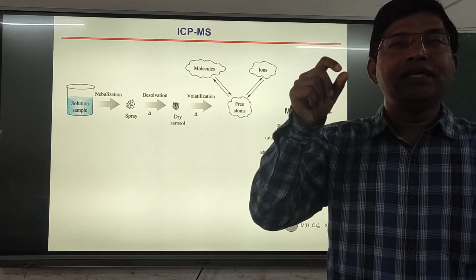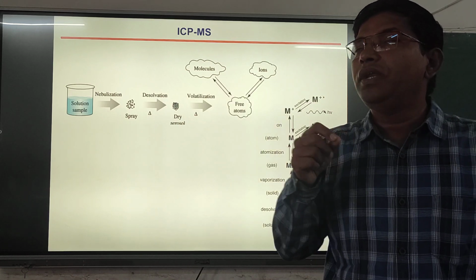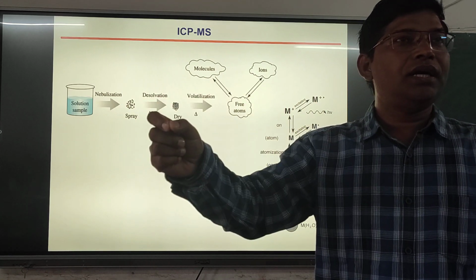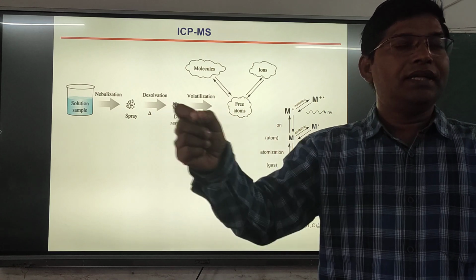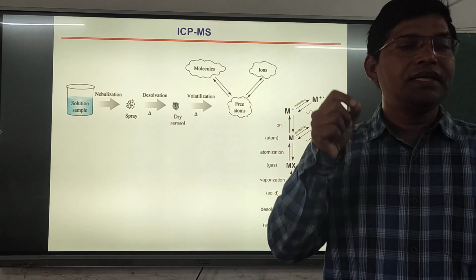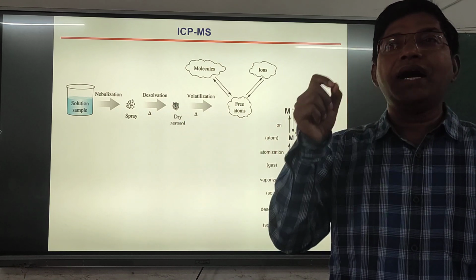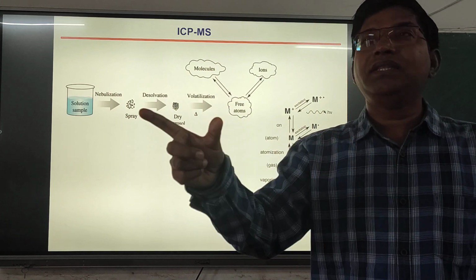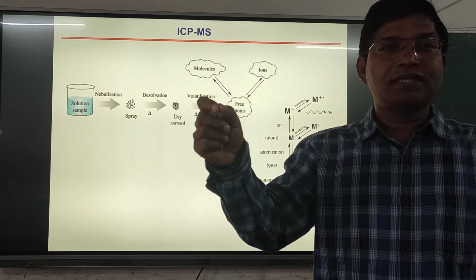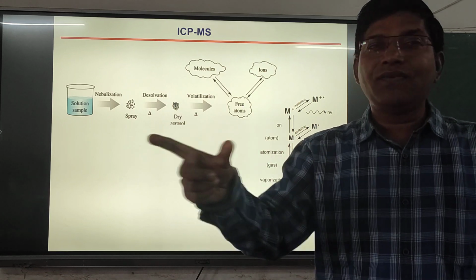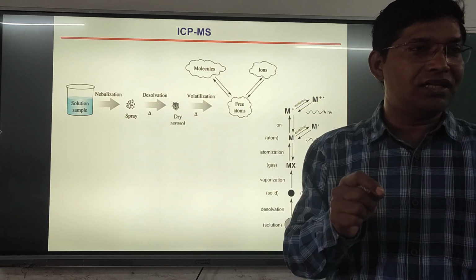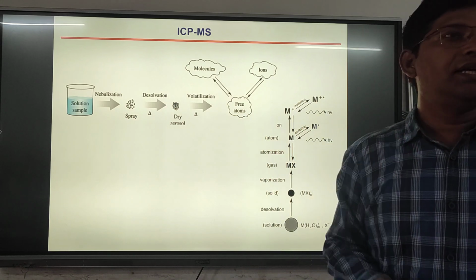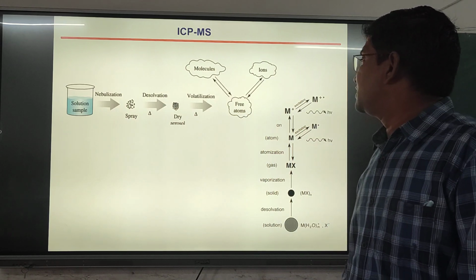Only those ions will travel through the mass analyzer, which is a very important component, where the M plus travels based on mass by charge, and on that basis the detection is done.